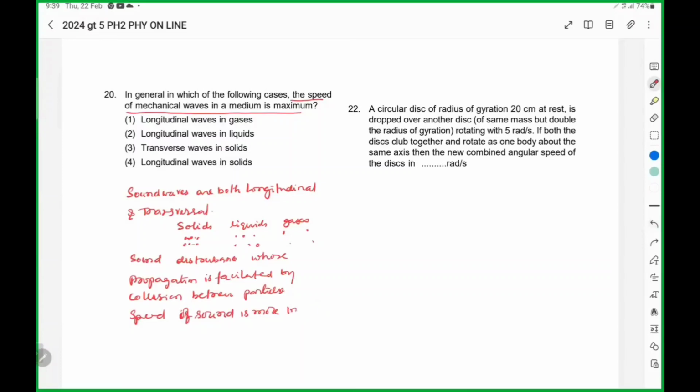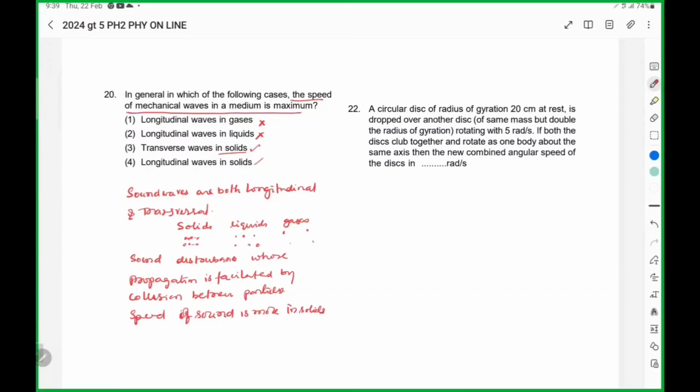But here, these options are not correct, but the third and fourth, if you carefully observe, are transverse wave in solid and longitudinal wave in solids.